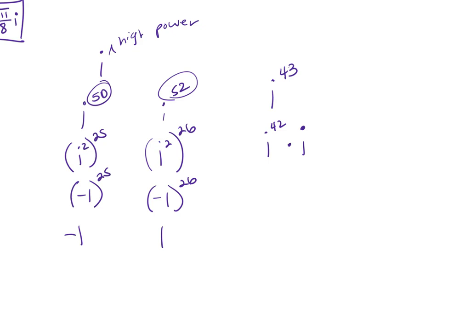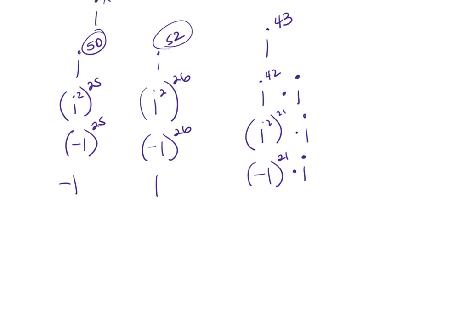So I take that i out, and then I do the same thing to that i to the 42nd that we just did. i squared raised to the, so 2 times what is 42? 21, times i. There are 21 -1s, which means, is this a positive or a negative? -1 times i.